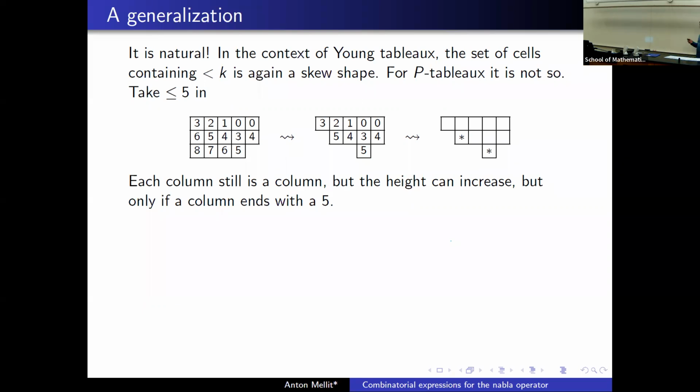But here the height can increase, but only if a column ends with the 5. Because if you have a 5, then the number to the left of it can be 6. Otherwise, if it's not 6, then it is 5, 4, 3, and so on. So let's axiomatize this.